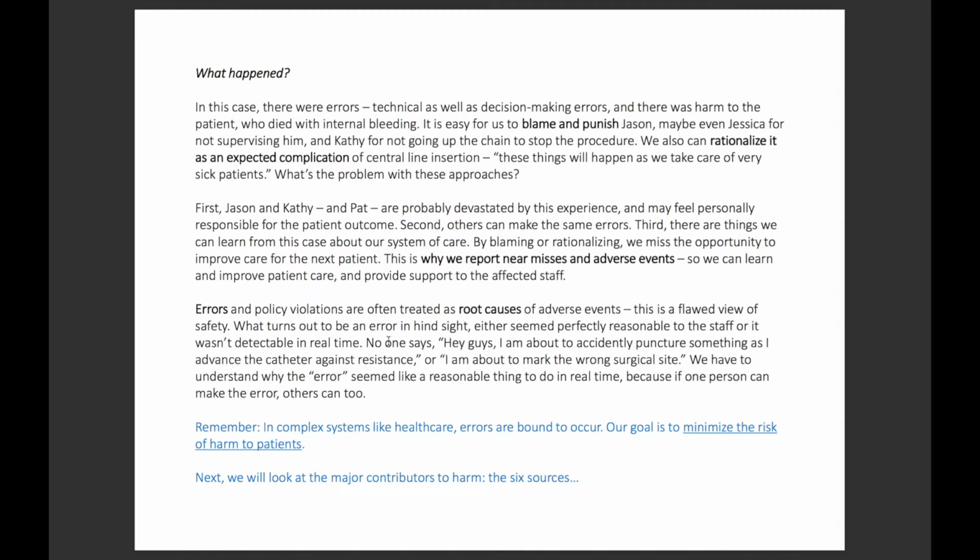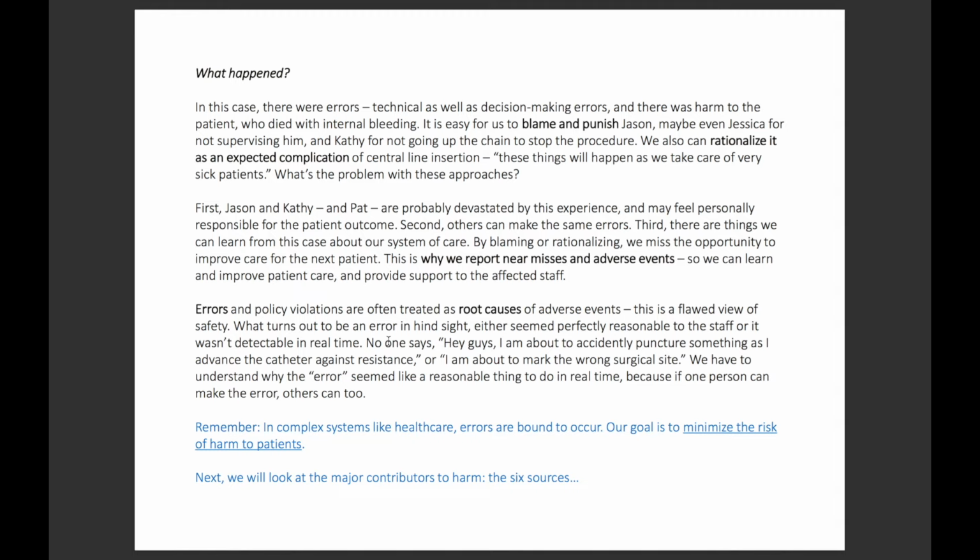What turns out to be an error in hindsight either seemed personally reasonable to the staff or wasn't detectable in real time. No one says, I want to kill a patient today by puncturing them, or I'm going to mark the wrong surgical site. We have to understand why the error occurred and why it seemed reasonable at the time.